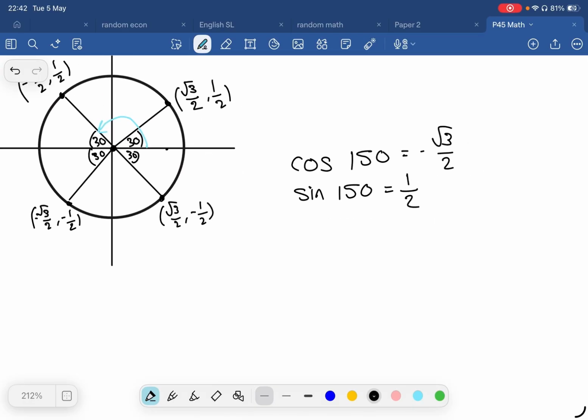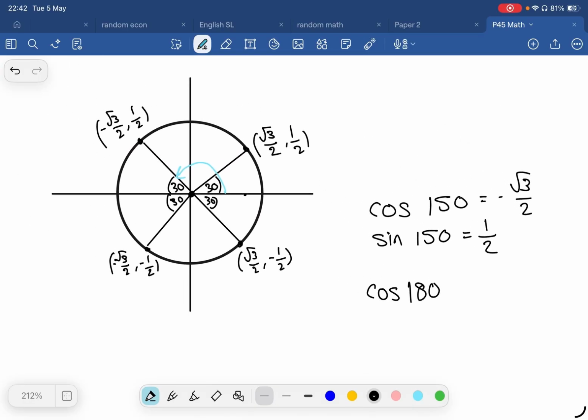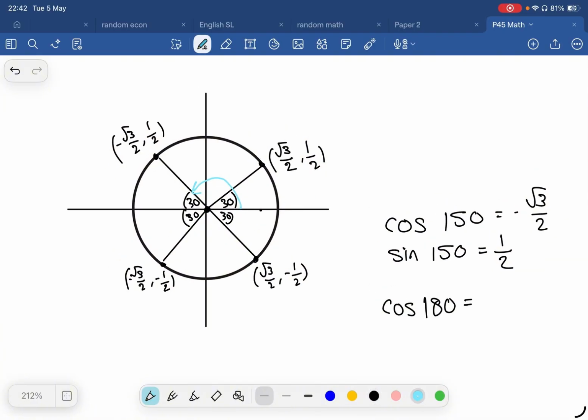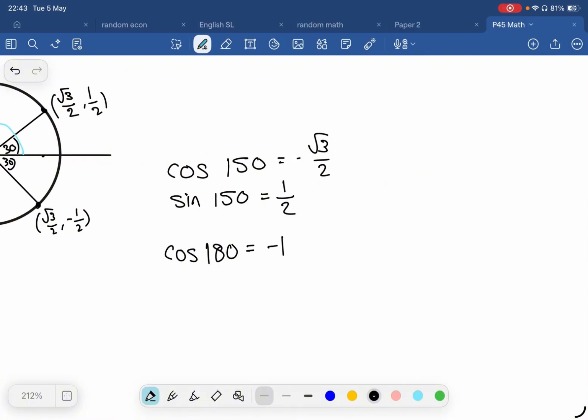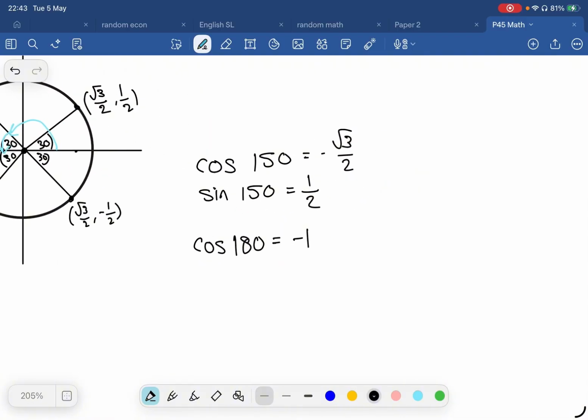Okay, so what if I said cos of 180? What would that be? Well, if we extended this angle down to here, what's the x-coordinate at this point? Well, we know the radius is 1, so the value would just be -1. There's actually 2 ways you can do any of these questions.